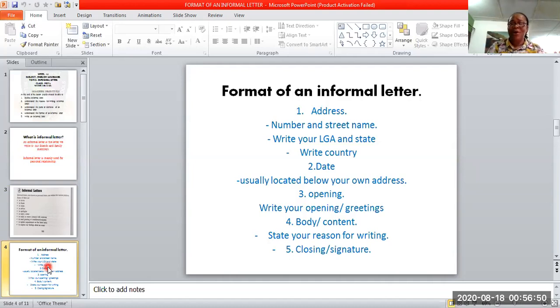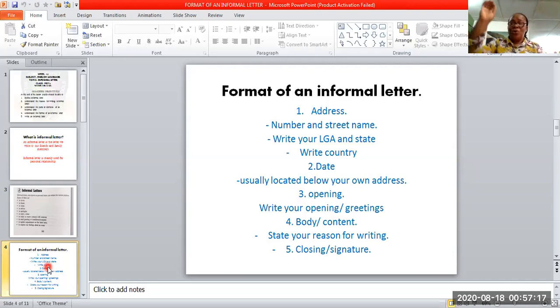Remember to write the address, the number, and the street name. I'm talking about the address that should be written on your informal letter. The address should be written on the far right hand side up.